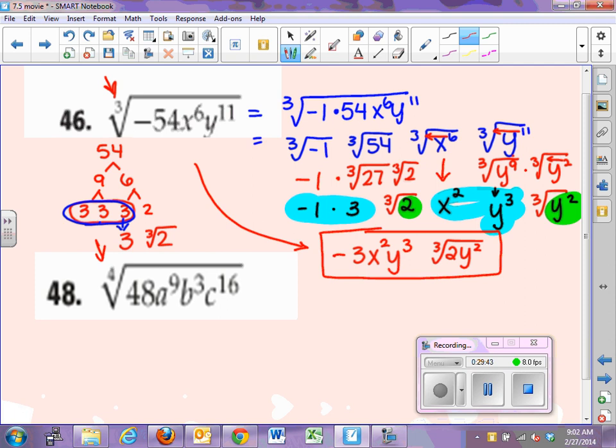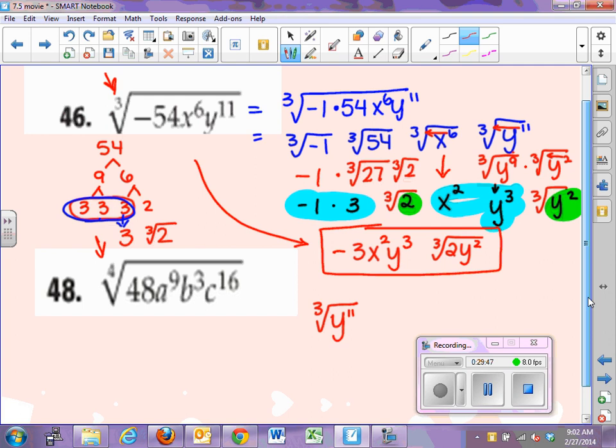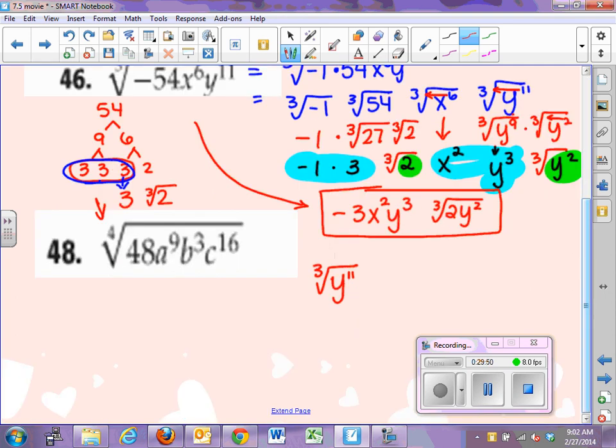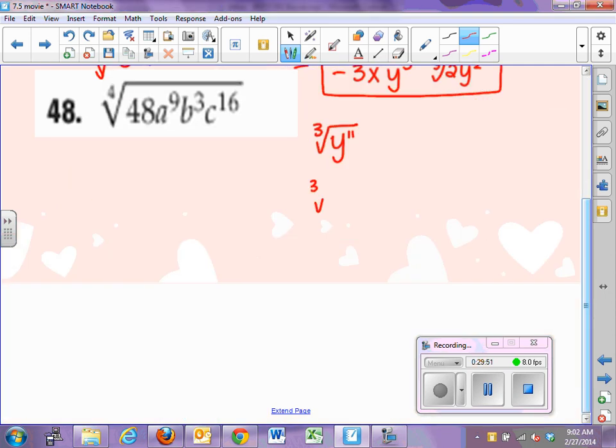Now, if you didn't understand this part about the cube root of y to the 11th, let me show you another way to think about it. Isn't this the same as the cube root of y to the third times y to the third times y to the third? That's 9. Y to the second, 10, 11. And don't you know that's the same as the cube root of y to the third? And remember, the third root and the third power cancel, and that's just y.